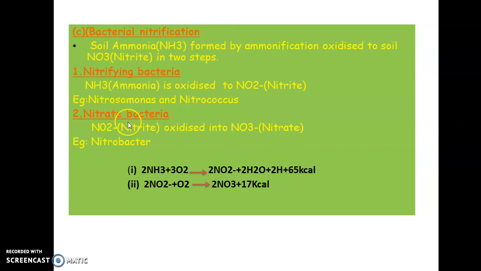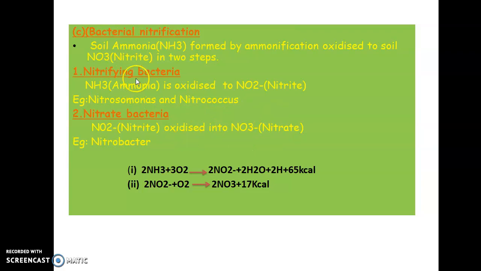Two important steps happen here, a nitrifying reaction and a nitrate reaction. This is done by nitrifying bacteria and this is done by nitrate bacteria. The nitrifying bacteria will convert ammonia into nitrite by means of oxidation, and the nitrate bacteria will convert this nitrite into nitrate by means of another oxidation reaction.